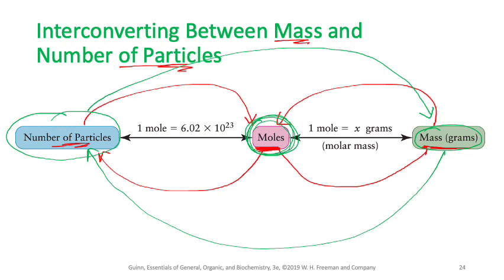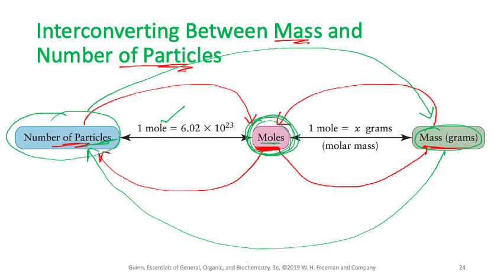So we will have 3 boxes: number of particles, moles, and mass, right? And how are the first 2 boxes related, number of particles and number of moles? We know by definition 1 mole equals Avogadro's number. So this is the equivalency between the first 2 boxes. And how are the other 2 boxes related, moles and grams?